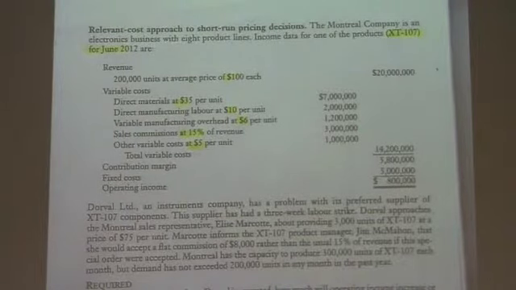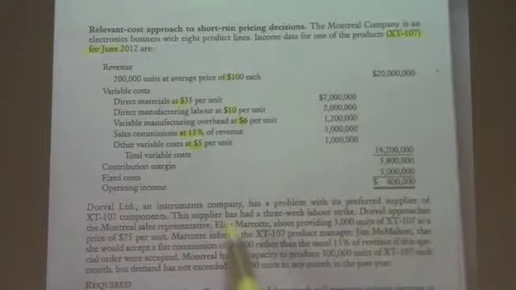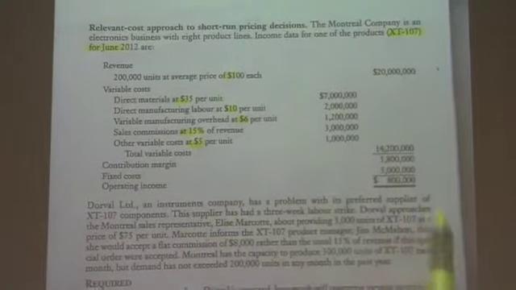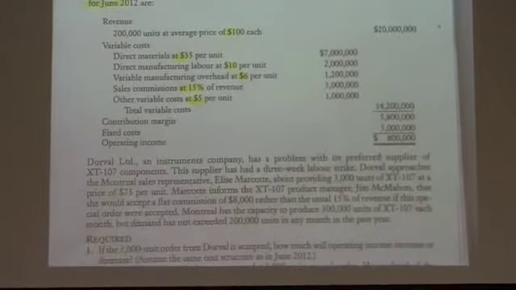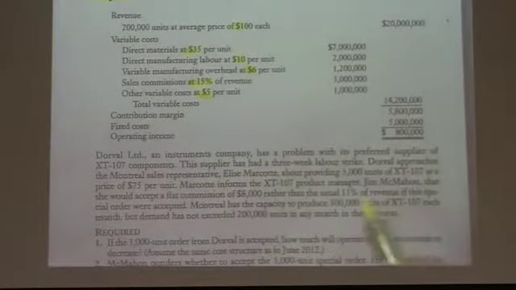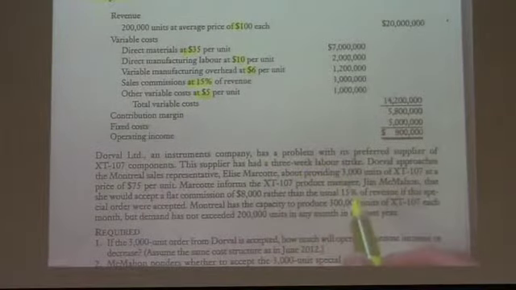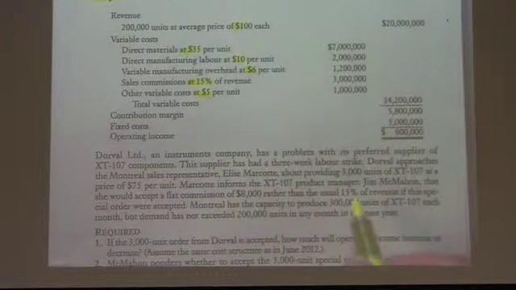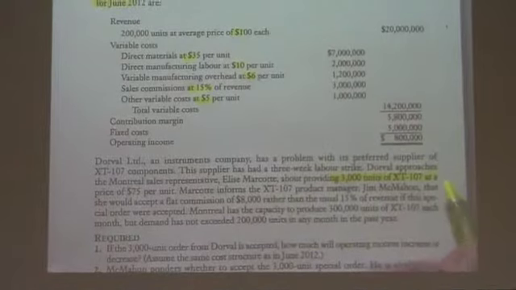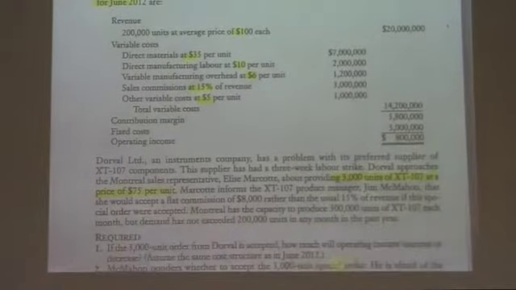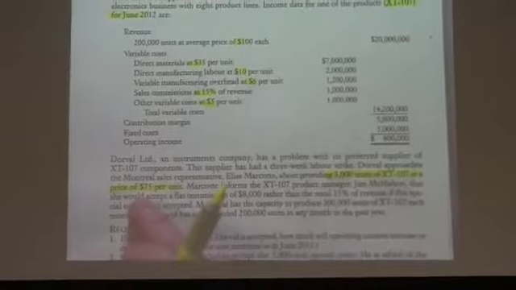Dorval, an instrument company, has a problem with its preferred supplier of XT107. So it's a different company altogether. The supplier had a 3-week labor strike. Dorval approached us, the Montreal Company, about providing 3,000 XT107 at a price of $75 per unit. Now, how much are we selling that for right now?